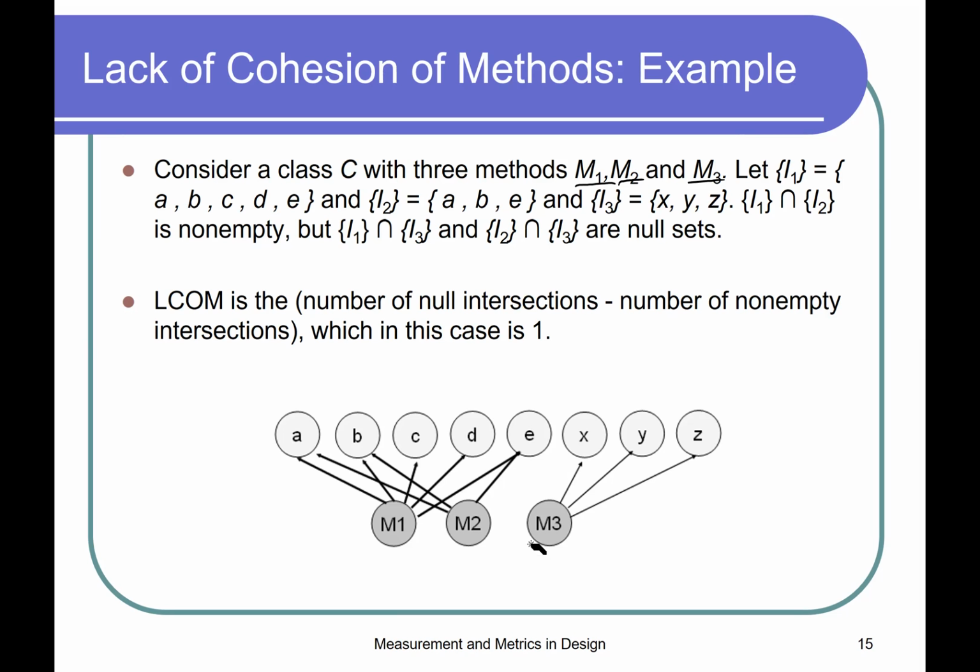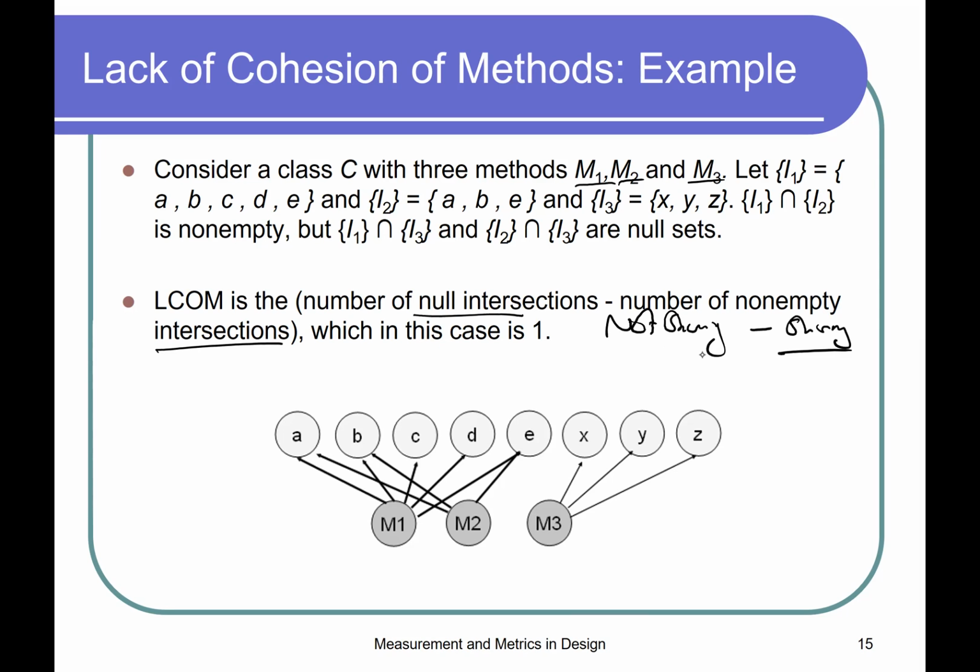So let's talk about lacking here and non-lacking. An empty intersection means there are no variables being shared, and a non-empty intersection is the ones that have something shared. Let's call it not sharing, minus the sharing.